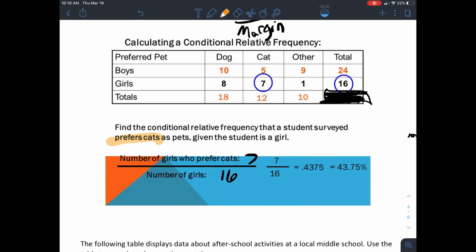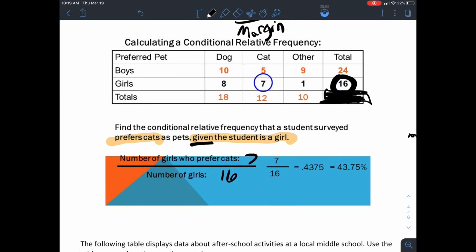To find the conditional relative frequency that a student surveyed prefers cats given that the student is a girl. So guys, it gives us a condition. Whenever you see the word given, it's usually followed by a condition. So, given that the student is a girl, that gives us our new total or our new denominator. There are 16 girls.